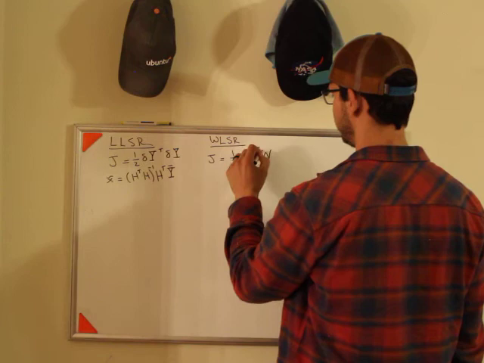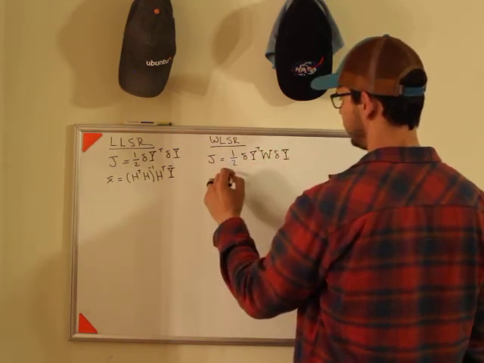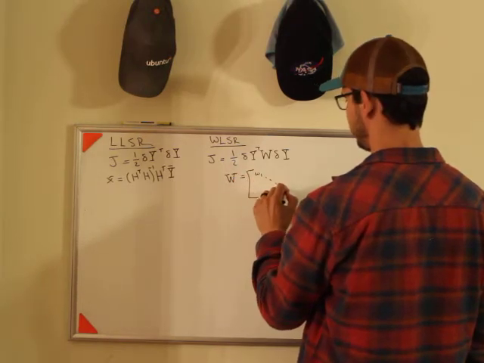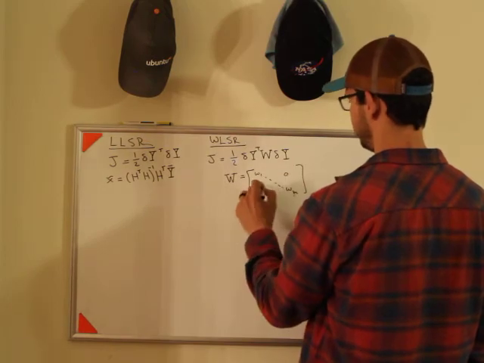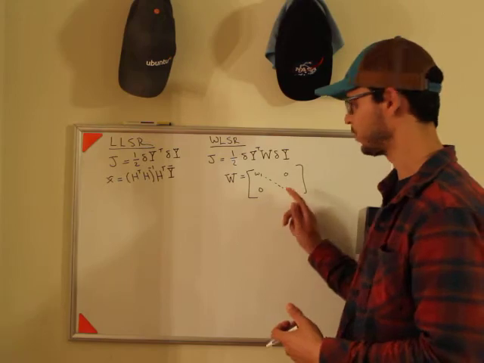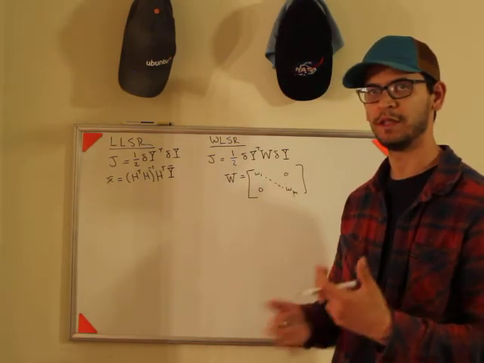transpose, but then you put this W matrix in the middle, where W is typically a diagonal matrix that estimates all of your, you could have some correlation terms if you wanted to, but basically what it does is it says, which one of those measurements do you believe?